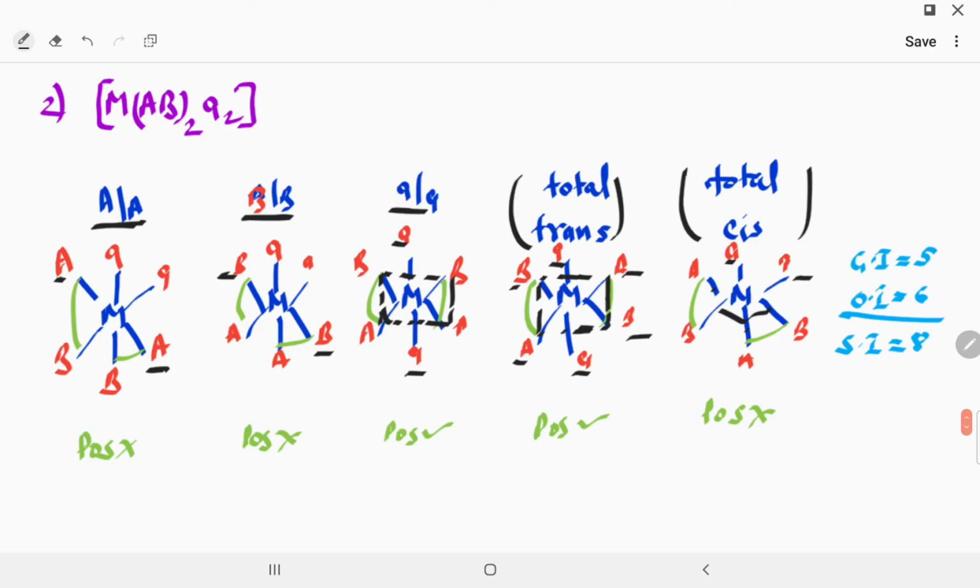So now you are able to see that the first one and the second one will not show a POS plane, and the last one also does not show a POS plane, but the third one and the fourth one have a POS plane.